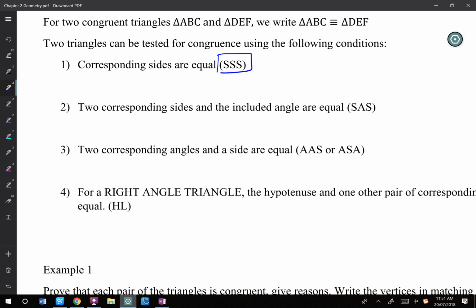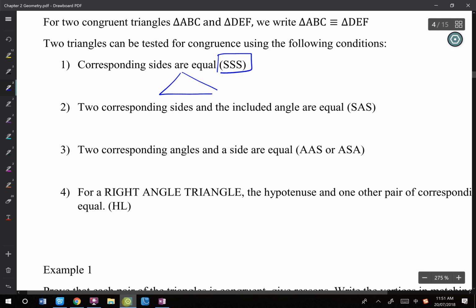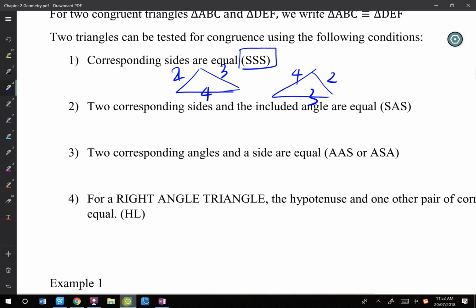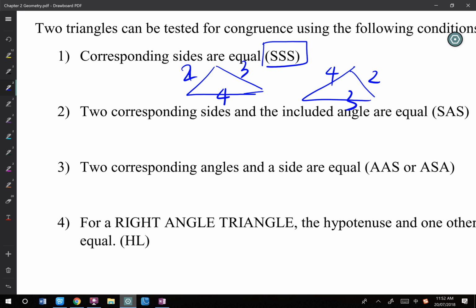So for example, I give you a triangle with sides 2, 3, 4, and another with sides 2, 4, 3. You can see the 3 numbers are the same. I don't care about the angles anymore because the angles must be the same. So they are congruent. I don't need extra information for angles if I already have 3 sides. Yes, they are congruent.